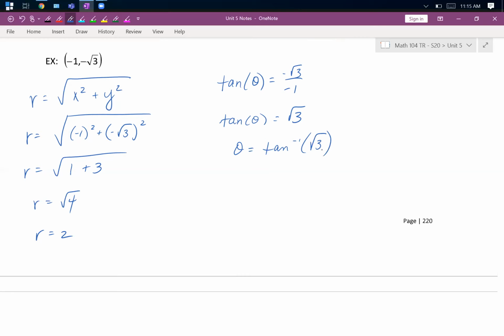So we need to find our angle here. Tangent is square root of 3 when we have square root of 3 over 2 on top and 1/2 on the bottom. So that means y has to be square root of 3 over 2 and x has to be 1/2.